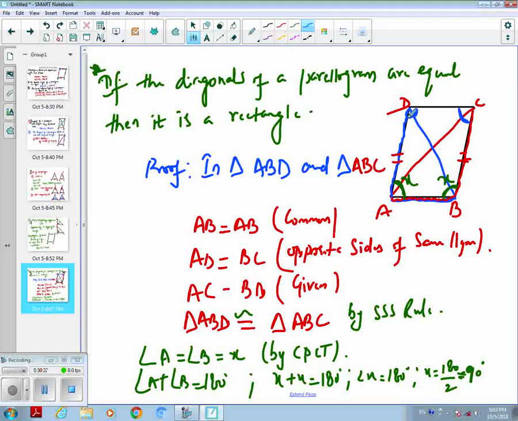So if all the four angles of a quadrilateral are 90 degree, then it is at least a rectangle.